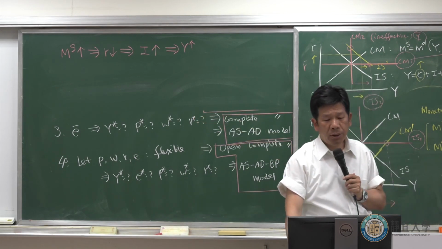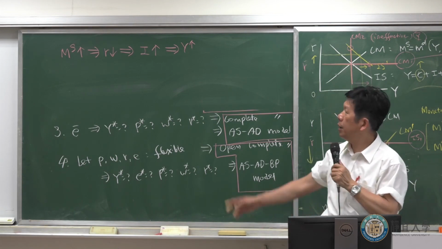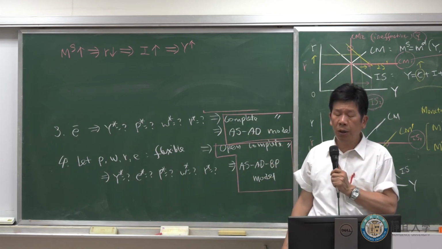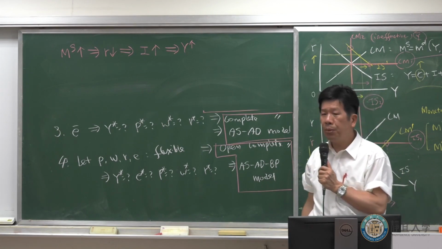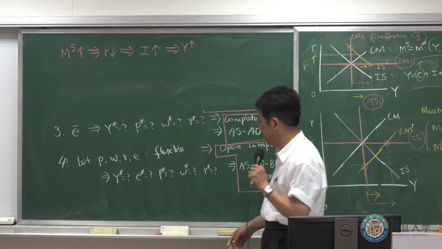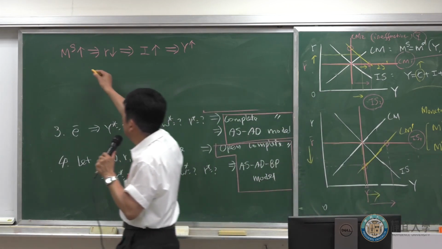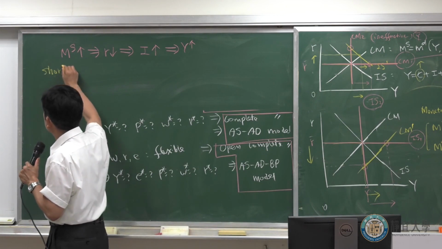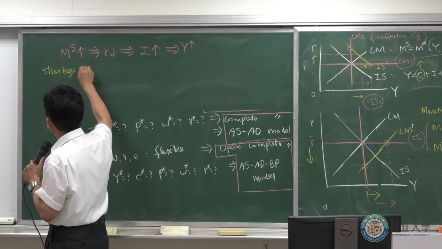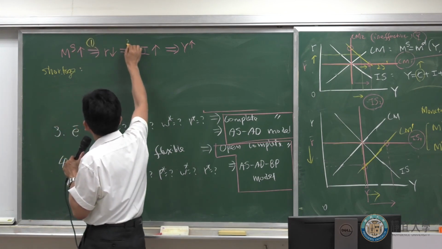But in this transmission, there are also some problems. The first problem we call the liquidity trap. Here we call these shortcomings: this is the first one, and this is the second one.